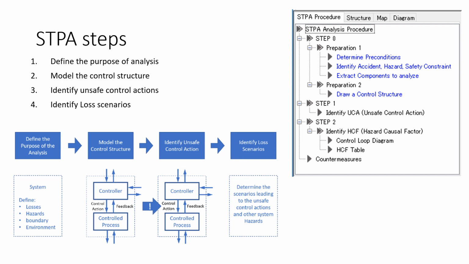But there will be a scenario where the controller is not able to send a proper control action, so that is called an unsafe control action. It can't mitigate, or it is not sufficient for the system to get a proper solution. That is called UCA, unsafe control action.